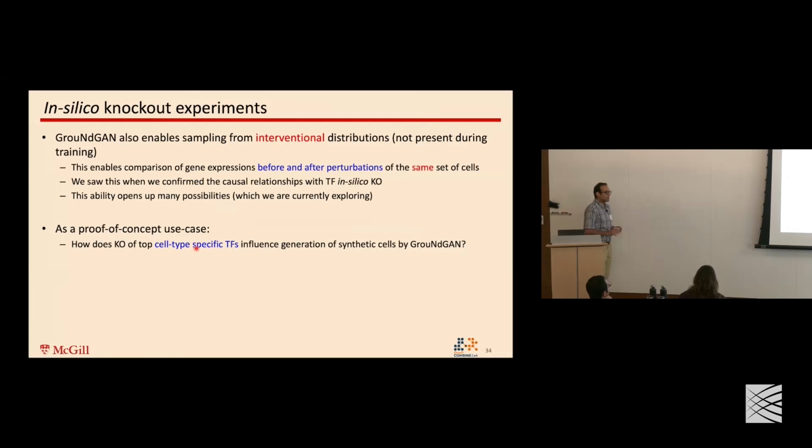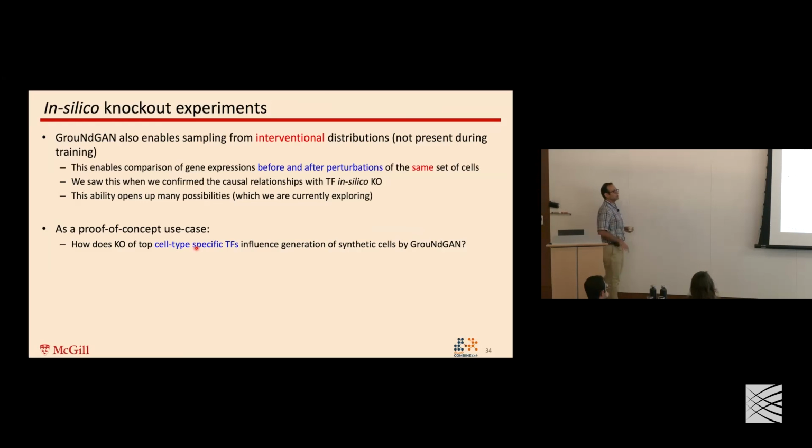Now, one thing that I alluded to earlier, and we use this to check the causality imposition of the model, was this ability of GRouNdGAN in sampling not only from observational data, but also interventional data, which allows us to perform TF knockout experiments.